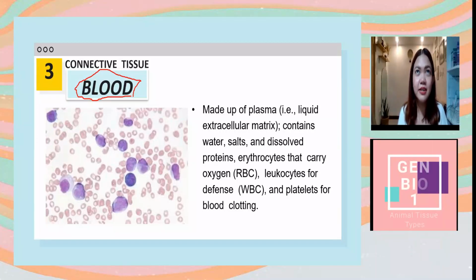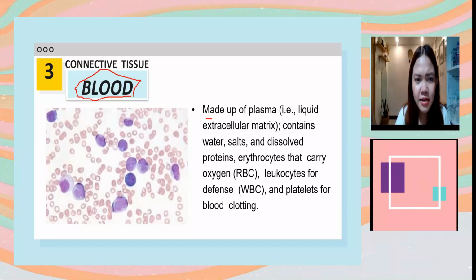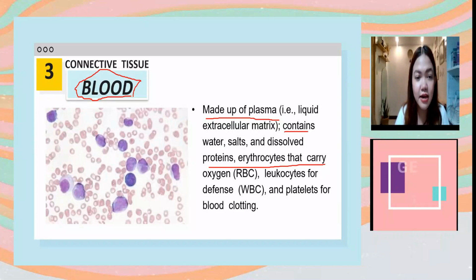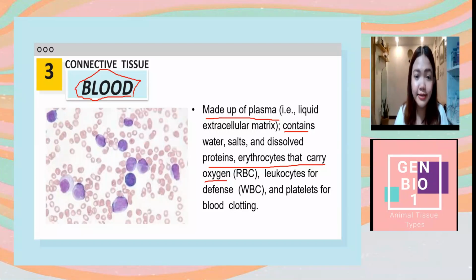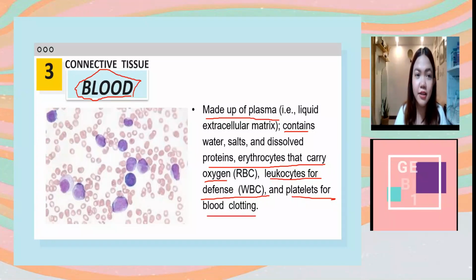So, basically, it connects. Blood is made up of plasma, a liquid extracellular matrix containing water, salts, and dissolved proteins; erythrocytes, or RBCs, that carry your oxygen; leukocytes, your white blood cells, for defense; and platelets for blood clotting.